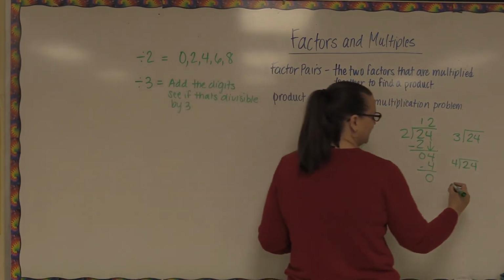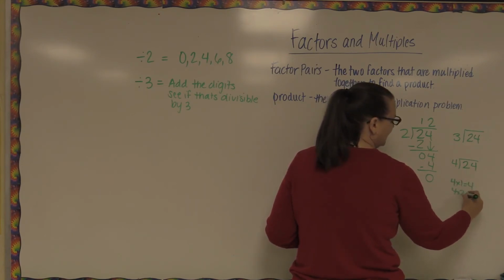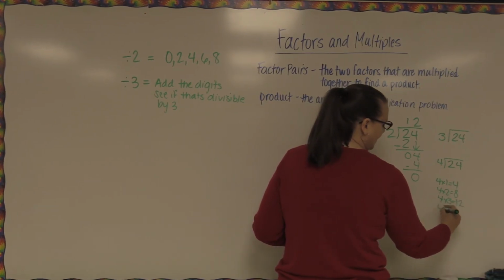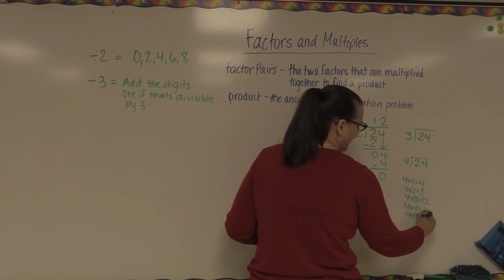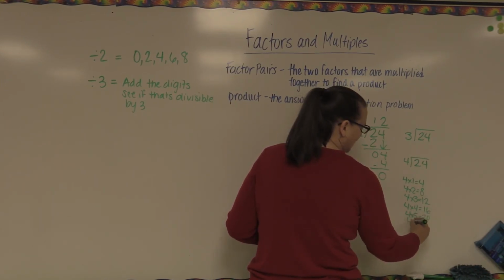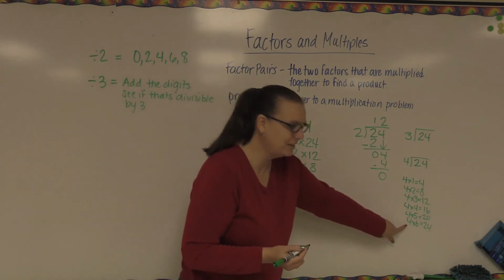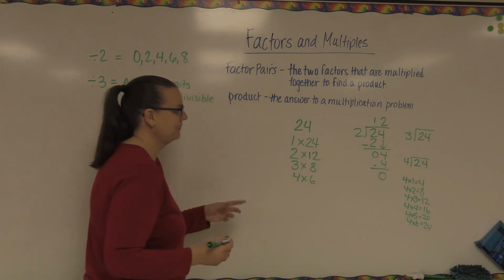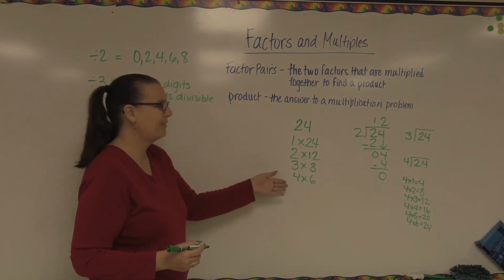So we can write our multiples down. 4 times 1 is 4. 4 times 2 is 8. 4 times 3 is 12. 4 times 4 is 16. 4 times 5 is 20. 4 times 6 is 24. This is another strategy that you can use to help you find factors. Well, we just found the other factor for the factor pair. It's 4 times 6.